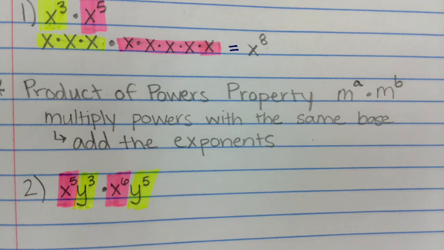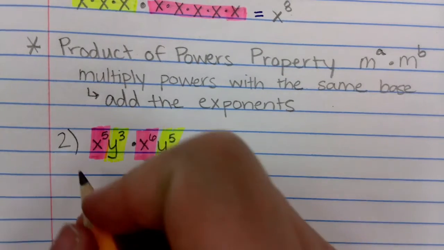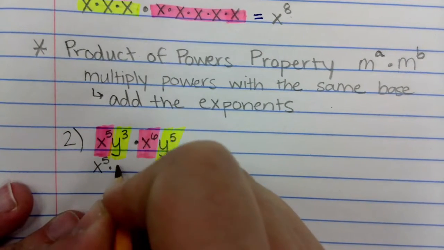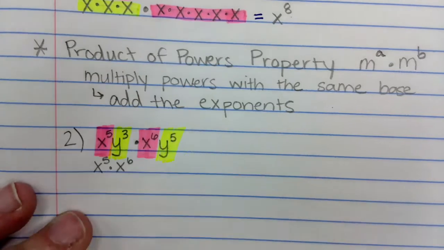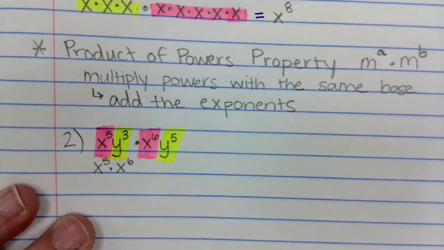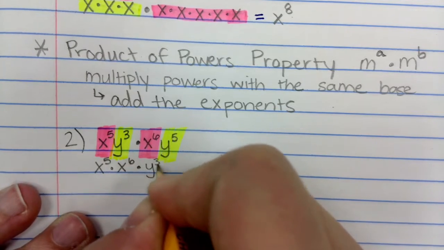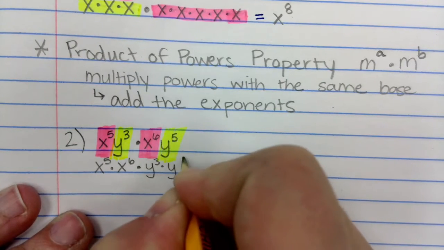It's like commuting to work. You can move them around. So we're going to move them around so our x's are together and then our y's are together. So I'm going to write this as x to the 5th power times x to the 6th power times y to the 3rd power times y to the 5th power.